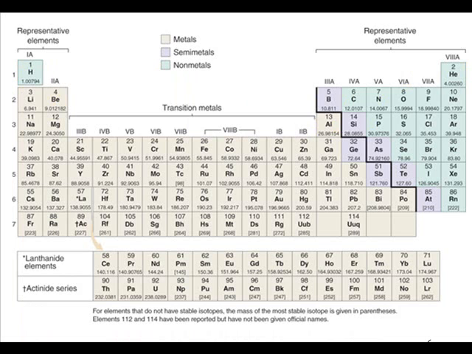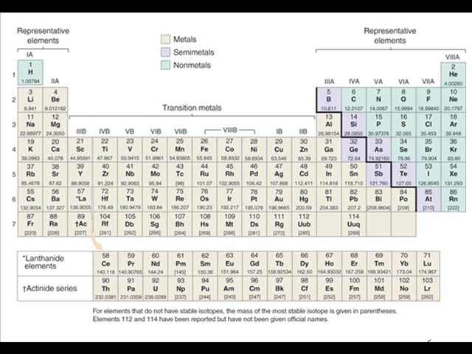The other really important idea before we get into the naming of compounds is to know these broad areas or groups in the periodic table. You'll notice the tan color, those atoms are all metals. And they're called metals because they all lose electrons and assume a positive charge.